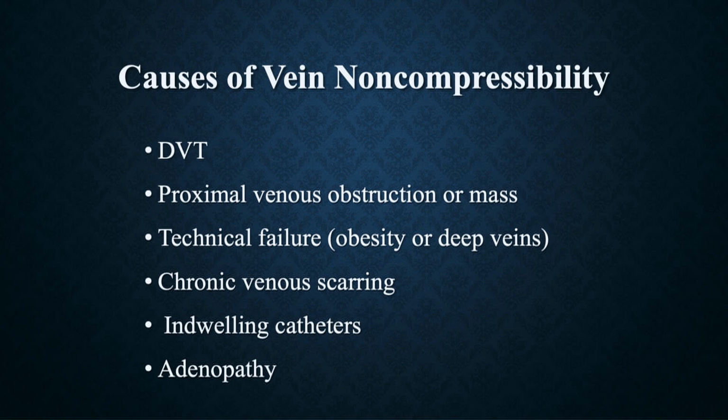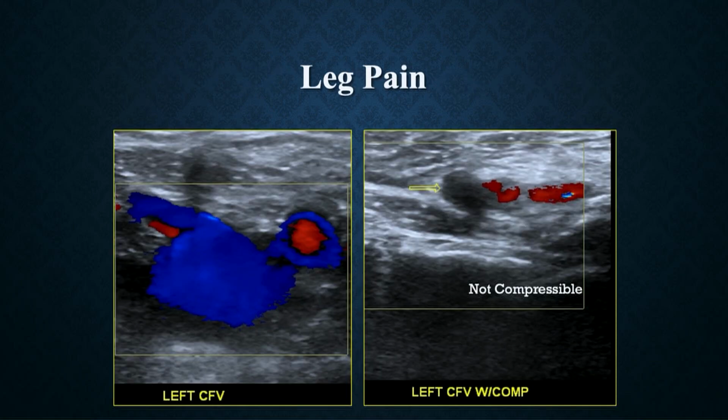Technical failure, sure. Patients with very deep veins, very large patients, can be hard to get adequate compression. Chronic venous scarring, as we'll discuss in just a minute. Those walls are stiff. They're harder to compress. Indwelling catheters. Again, you have to identify the catheter to know that is the reason why the vein is non-compressible. And I've already mentioned adenopathy as another pitfall.